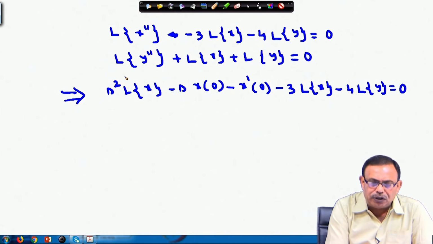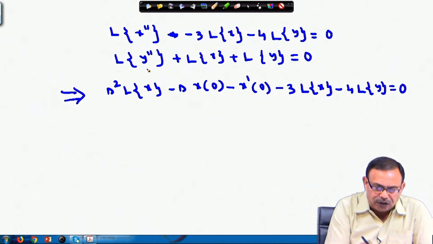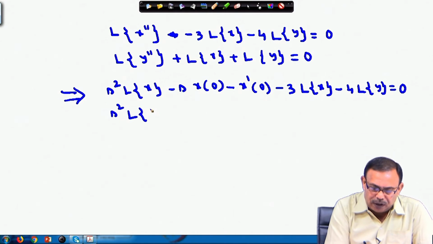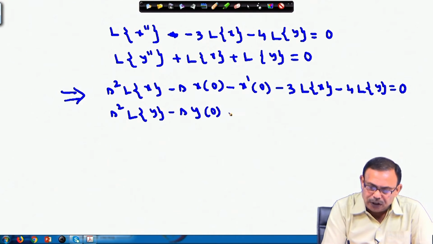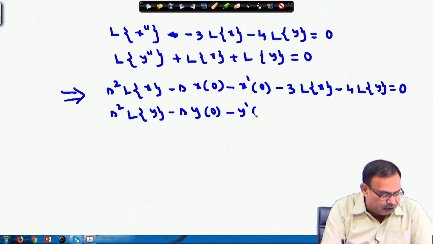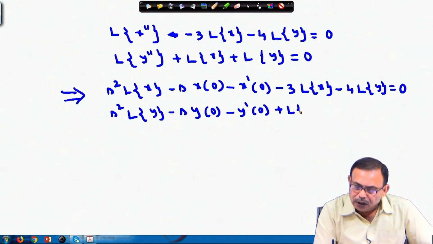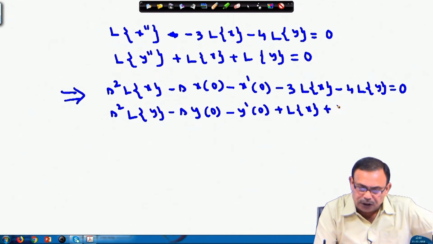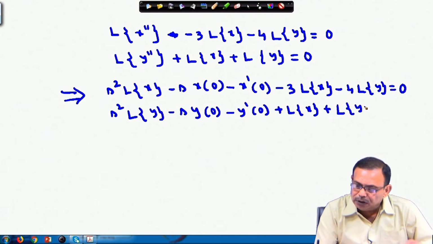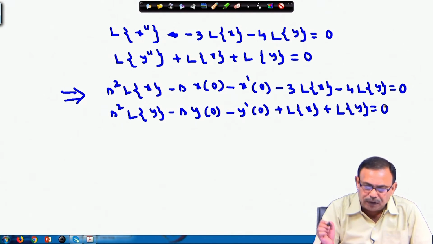For the second equation, similarly, Laplace transform of y double dash can be written as s square into Laplace transform of y minus s into y 0 minus y dash 0, plus Laplace transform of x plus Laplace transform of y, this is equals to 0 is given.